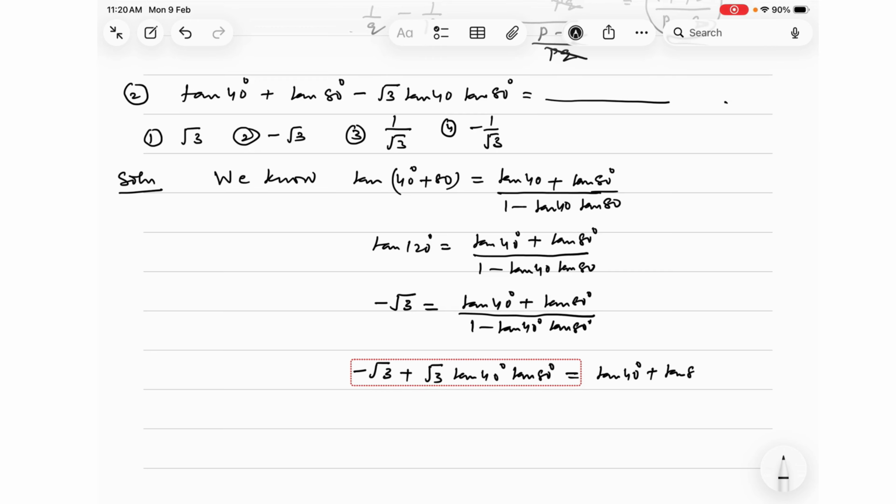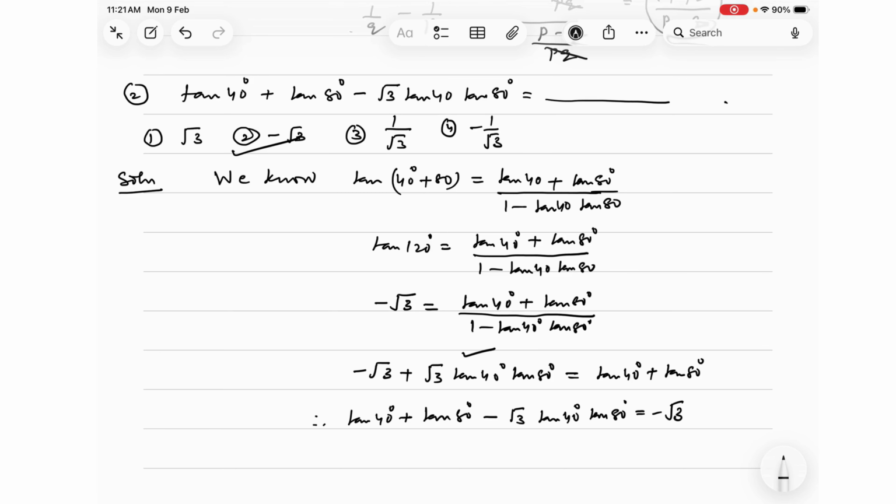Now this term you bring to the other side. Therefore, tan 40° + tan 80° − root 3 tan 40 tan 80 is equal to minus root 3. Therefore, the required answer is minus root 3, which is the second option.